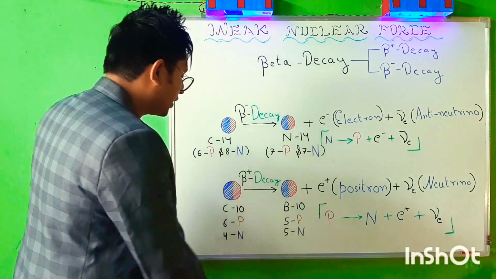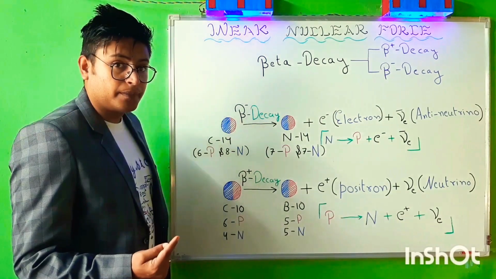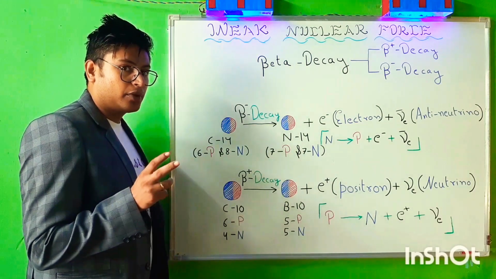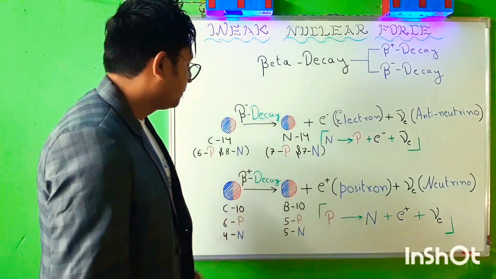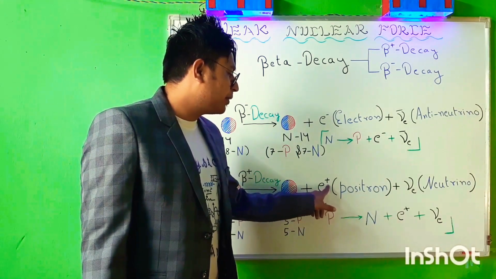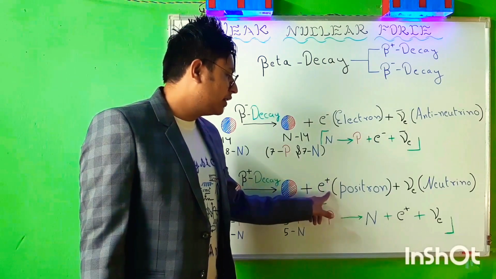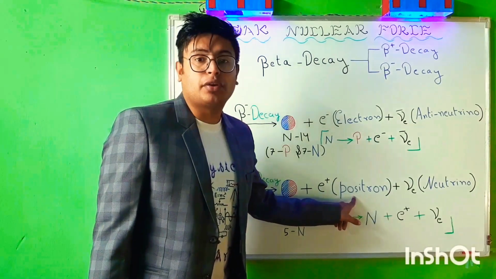In this particular case, I am short of 1 proton. So 1 proton has changed into a neutron, giving me an e plus. This is the beta plus particle. This e plus is also known as a positron.